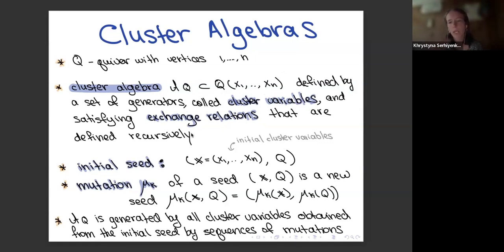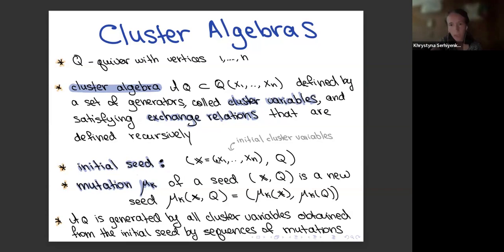Given a quiver, I can't just give you the complete set of generators and relations. There's a mutation procedure you have to do, which generates a lot of this data. Since everything is generated recursively, I have to tell you the initial data. Once you know the initial data and this recursion operation, you can run the algorithm and define the rest of the information you need. My initial data is called a seed.